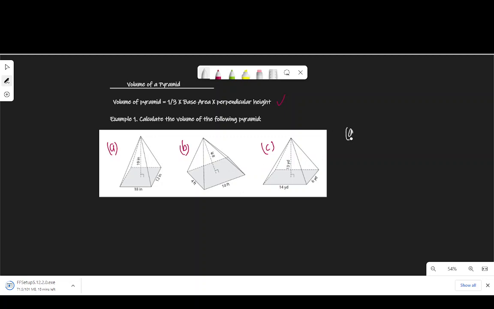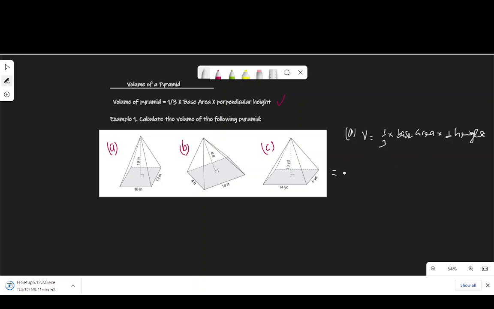For A, the base here is a rectangle. So volume V is 1/3 multiplied by base area multiplied by perpendicular height. This symbol here stands for perpendicular.